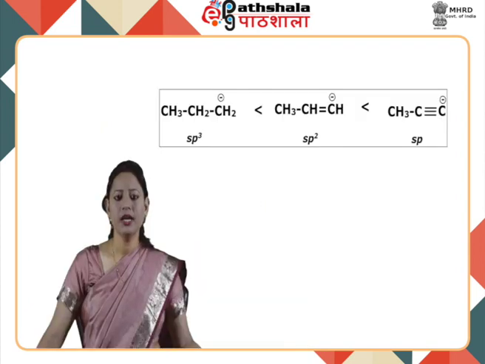As you can see, the stability order will be propyl carbanion least, then propenyl is more stable, and the propargyl carbanion is the most stable amongst these. So, we could answer this question on the basis of hybridization.